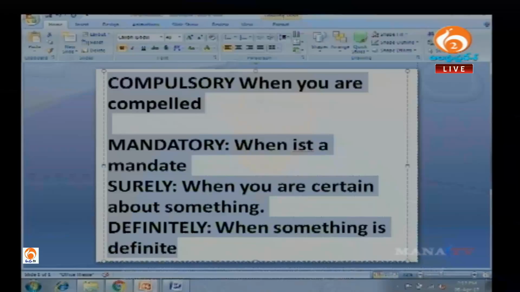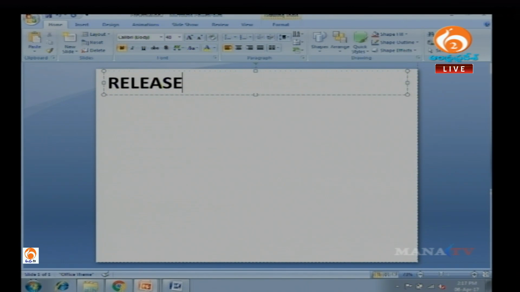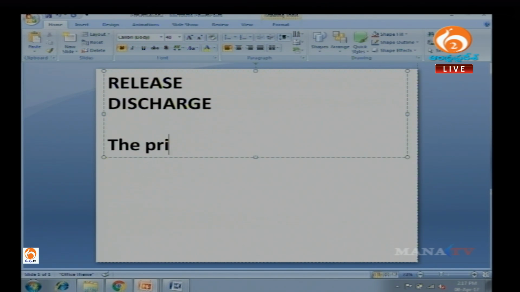Okay. There could be tons of examples. For example, release and discharge. The prisoner has been released.